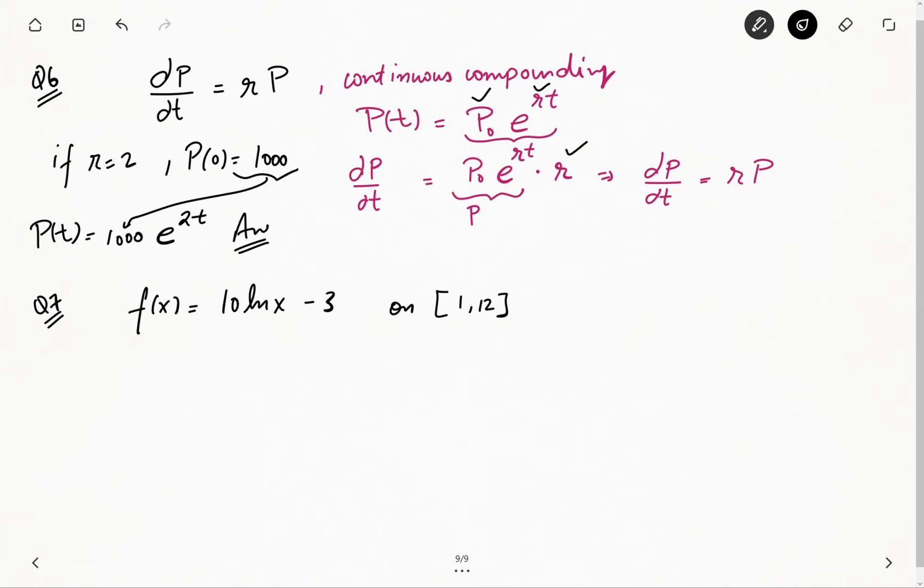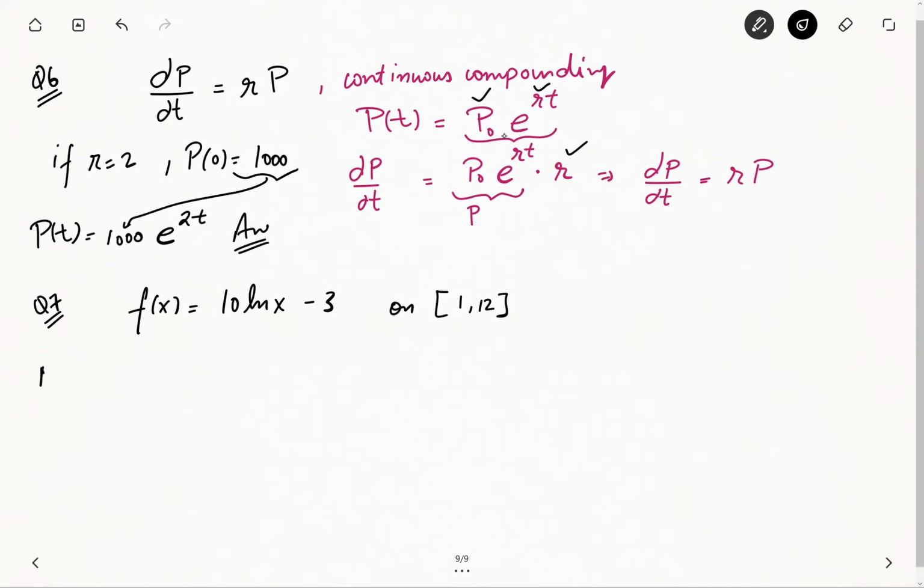Okay, and they want us to find all the values of a number c that are guaranteed by the mean value theorem. So first of all, we need to make sure that the mean value theorem is applicable. So we're going to state the law first.